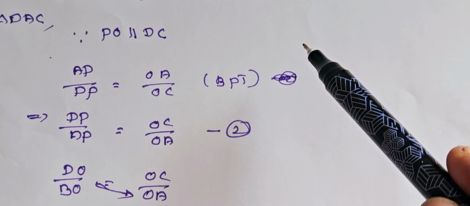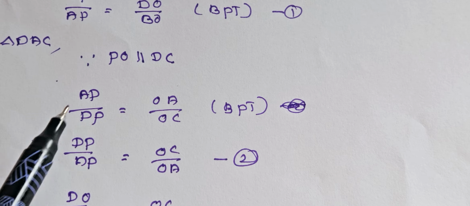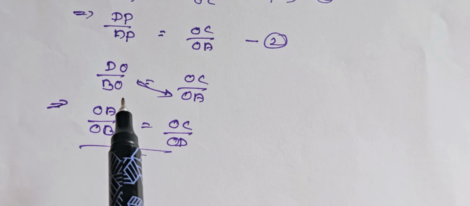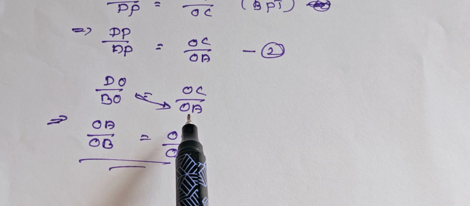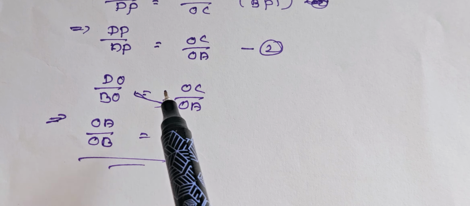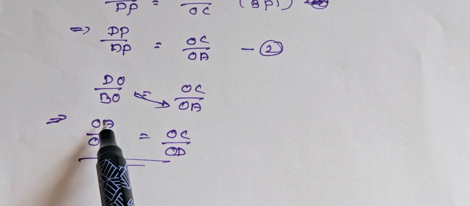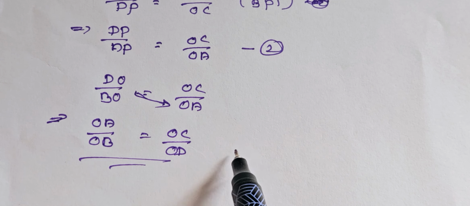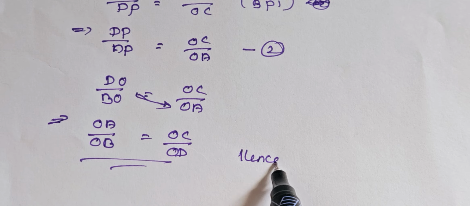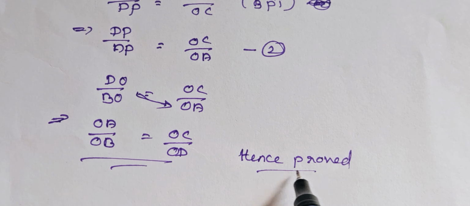Now from equations 1 and 2, since LHS are equal, RHS should also be equal. Therefore, we get DO by BO equal to OC by OA. Taking OA to LHS and OD to RHS, we get OA by OB equal to OC by OD, and that we have to prove. Hence proved.